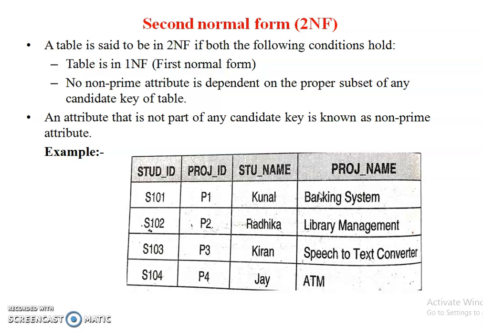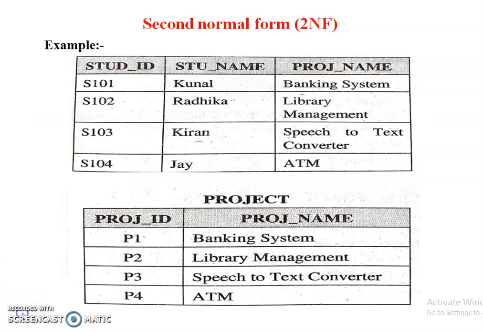So this is called partial dependency. As per the rule of second normal form, the non-key attribute should be dependent upon all the key attributes, which is not followed. To convert the data into second normal form, we have to split the table into different tables.